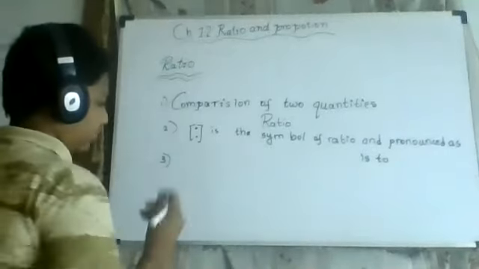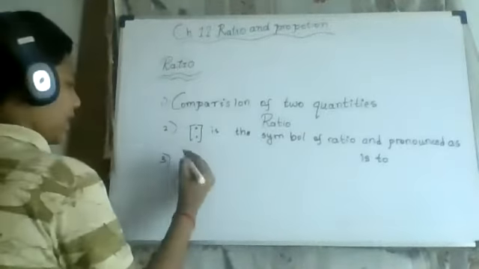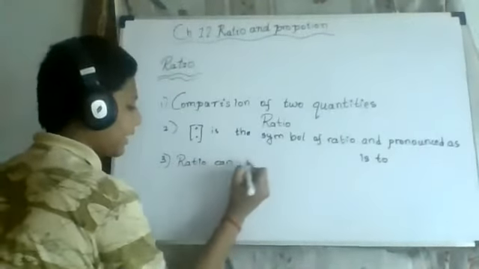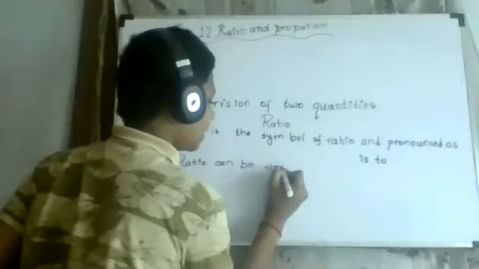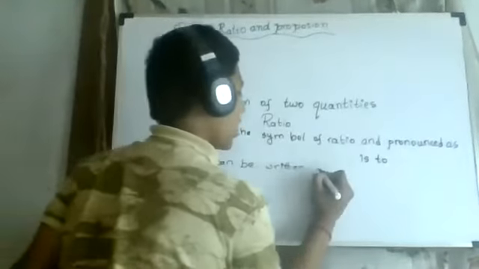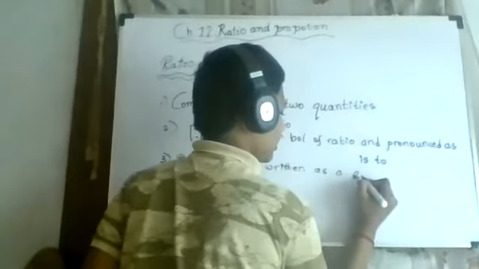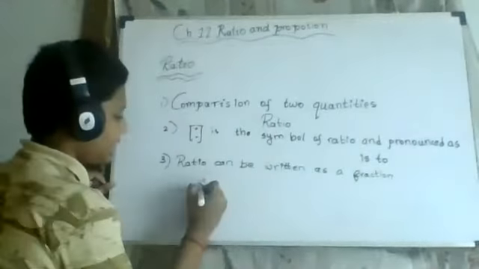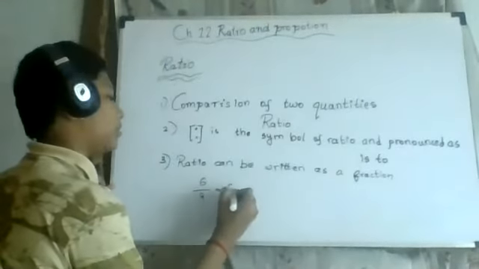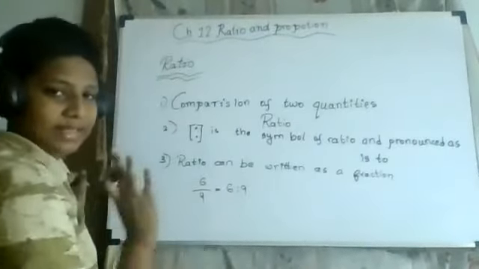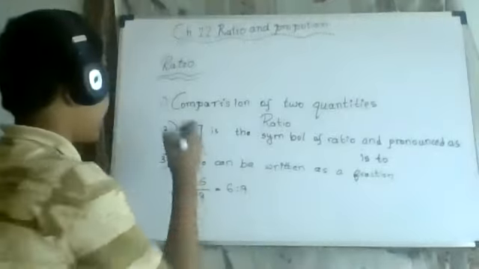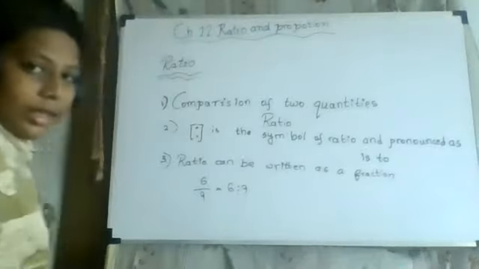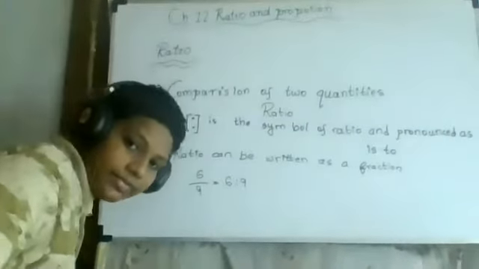And the third one: a ratio can be written as a fraction. Now, 6 by 9 is equal to 6:9. Both are the same. So a ratio can be represented as a fraction.